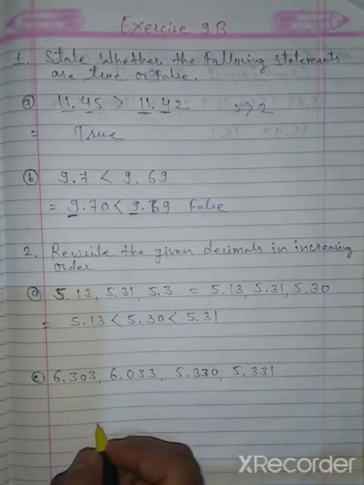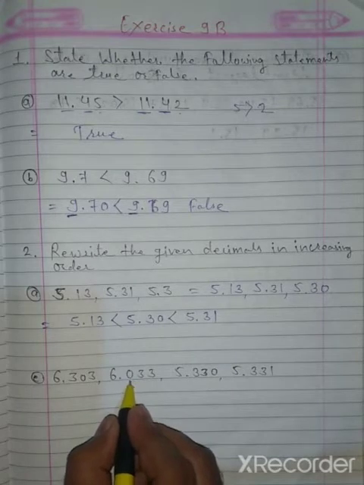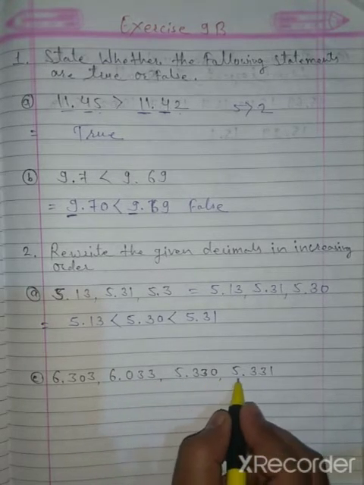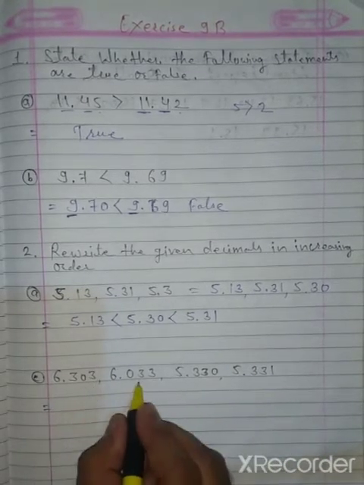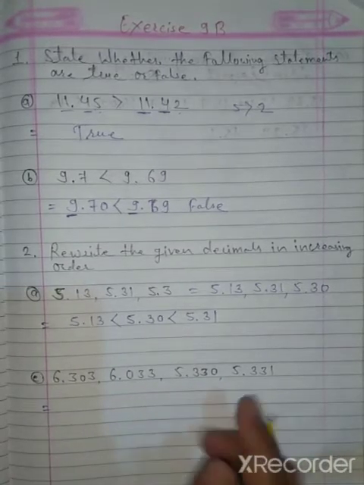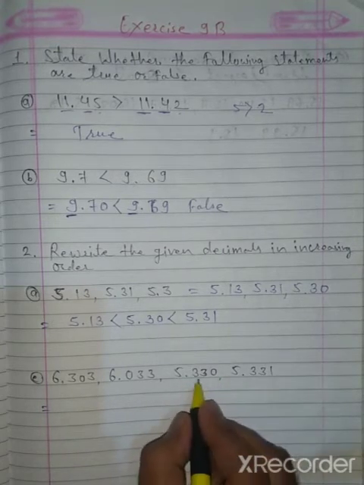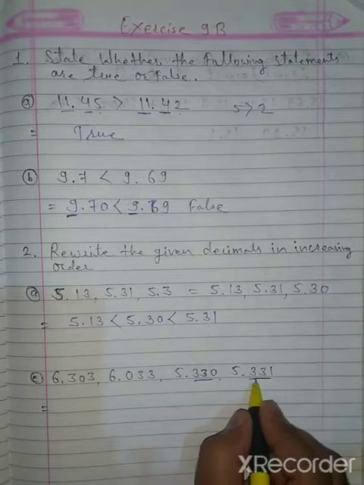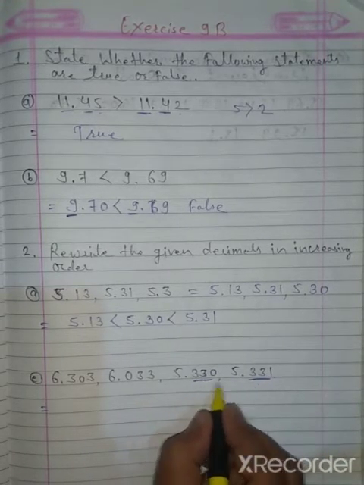Question number E: 6.303, 6.033, 5.330, 5.331. Here all are like decimals, so we will write the smallest one first. 6 is not as small as 5. Now you have to check 330 and 331. 331 is greater than 330.